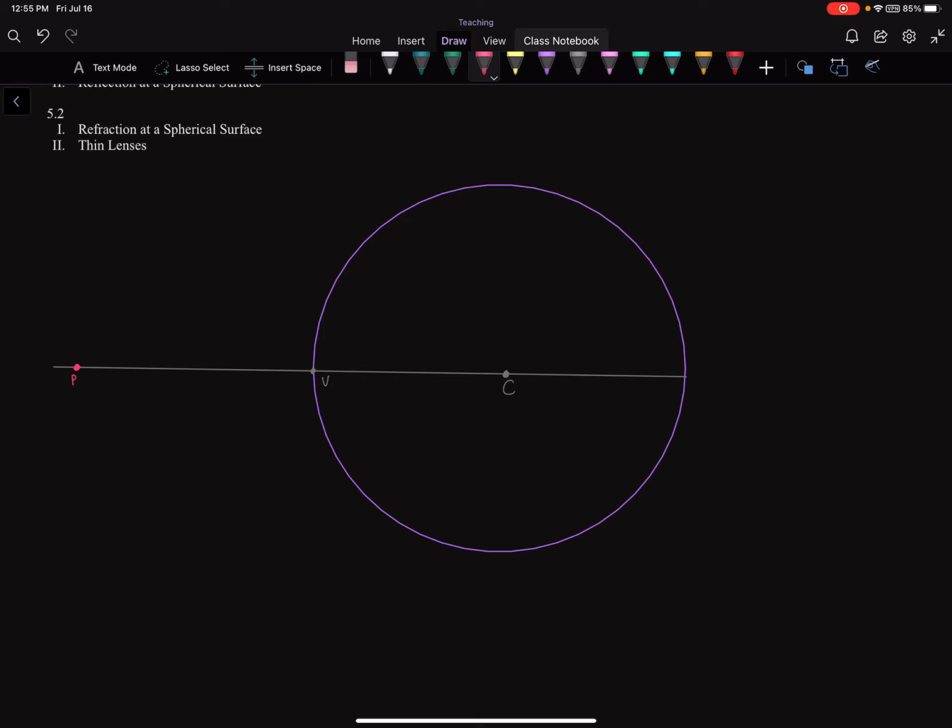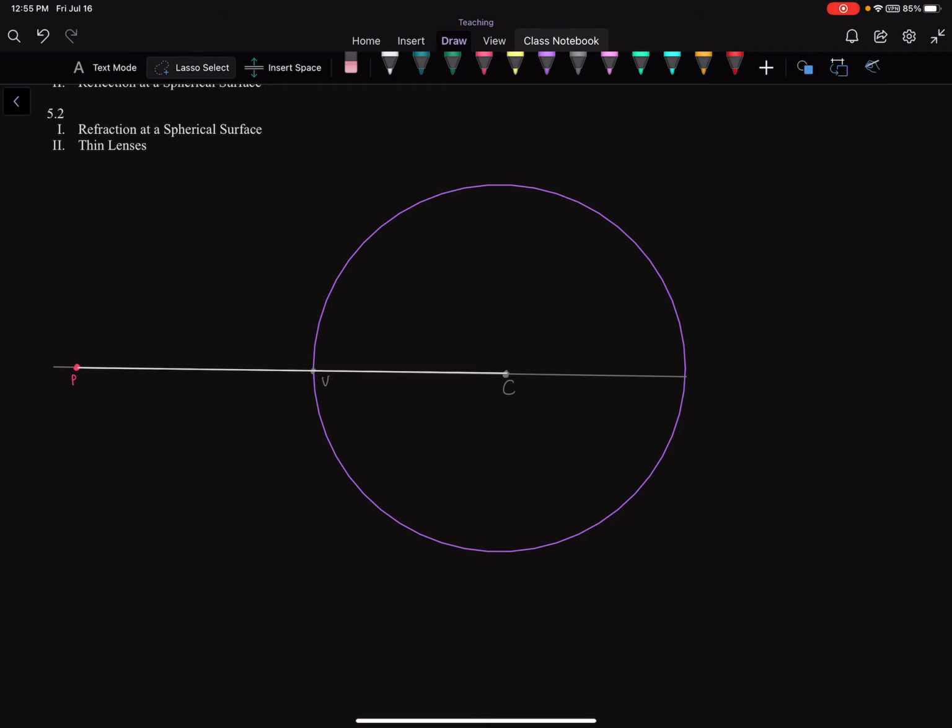And we're going to consider a couple useful rays, just like usual. So we're going to have the ray that goes directly in, right? And this is refraction, and so it's going to transmit right through the material there instead of reflect off the surface.